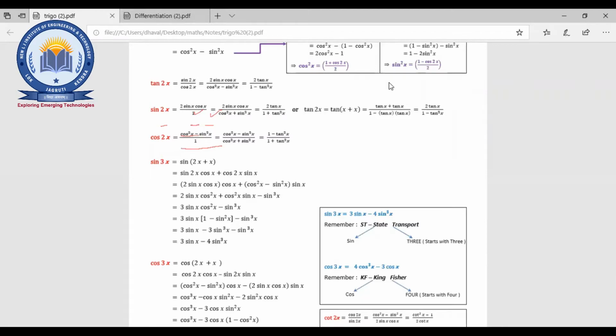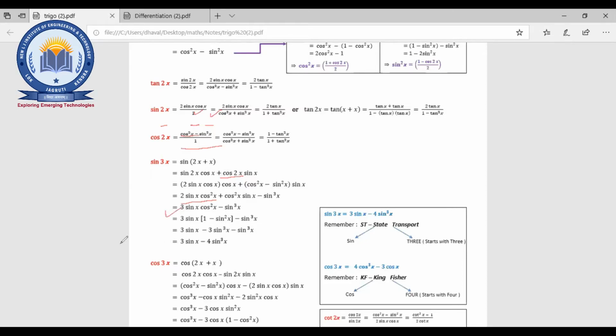Again just a simplification: multiply this with this one, so we get cos square x. Now cos square x minus sin square x is the basic equation of cos 2x. That we have also just seen. Just expand the bracket and you will get this equation.